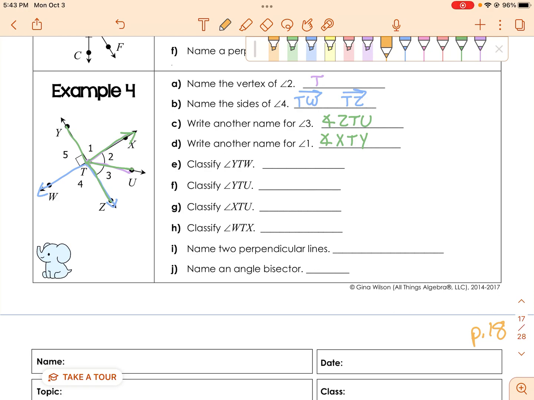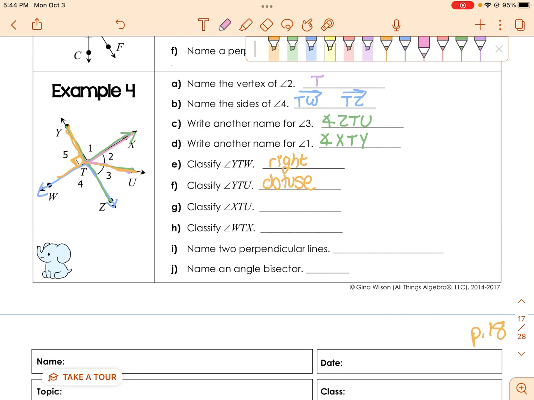Now when they're asking you to classify, that's based on the size. So angle YTW is here, and it's that nice 90, so that one is right. Angle YTU is here, and that one's bigger than 90, so that's obtuse.